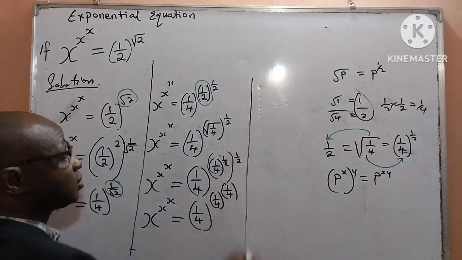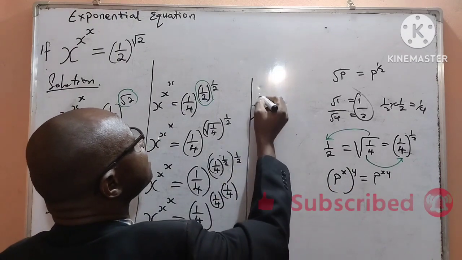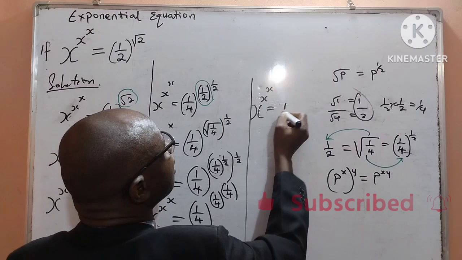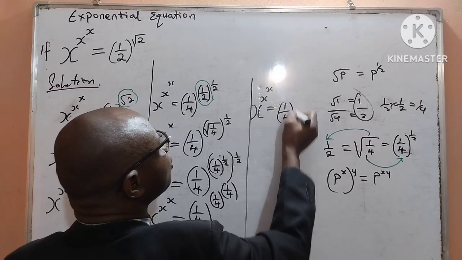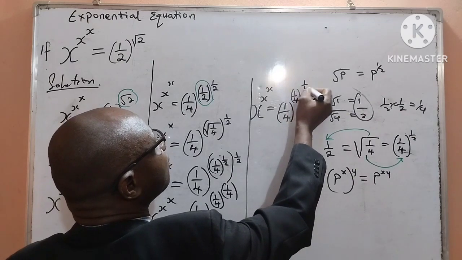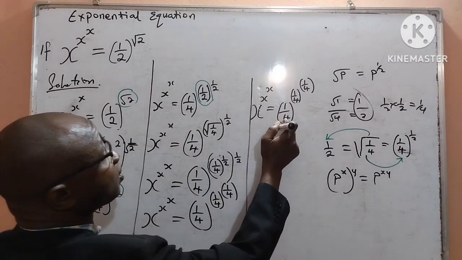Beautiful. In conclusion to this brief video, we can now say that x to the power of x to the power of x is equal to 1 over 4 to the power of 1 over 4 to the power of 1 over 4, which means the base here is equal to this.